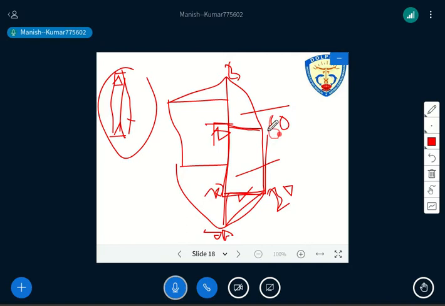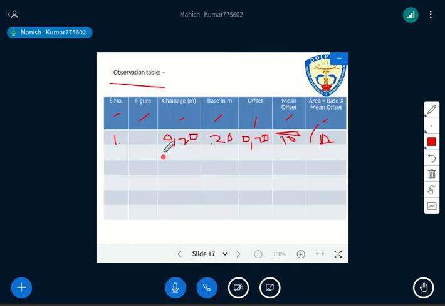This is 20 and this is 60, these are the two offsets again. So now how to represent this in a table? You have to write again 20 to 70, right? So in the chain column you write 20 comma 70. Then for the base you subtract, and you will get 50.